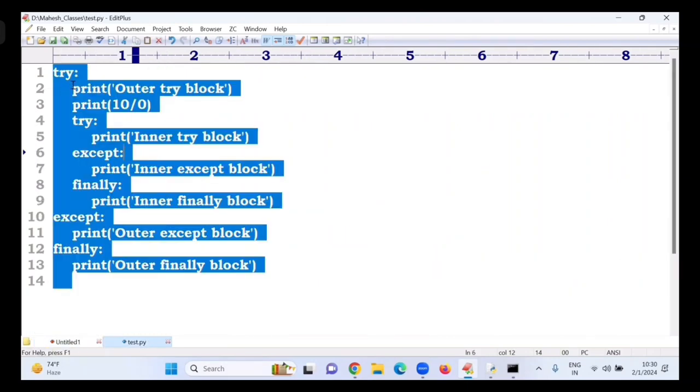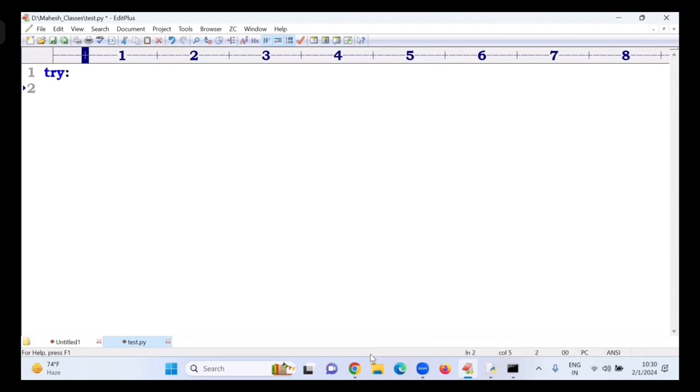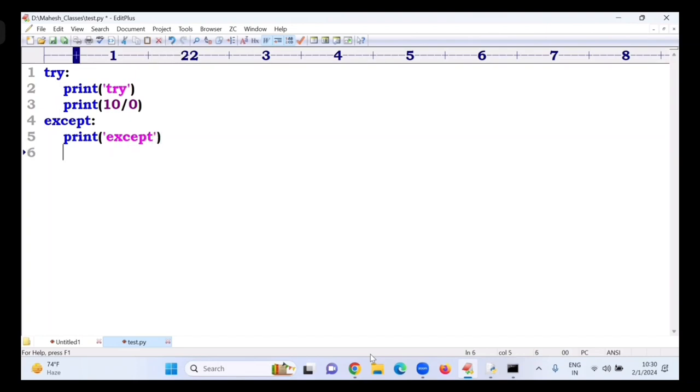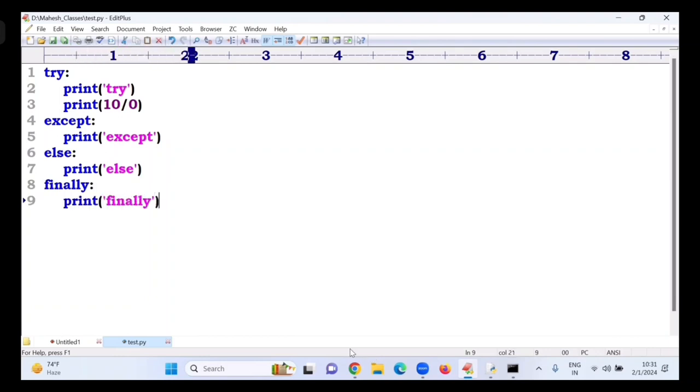Sir, for example, see this. Print try block. Print 10 by 0. Except, print. Now what is the output we will get?